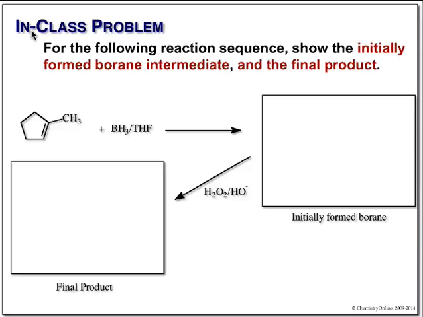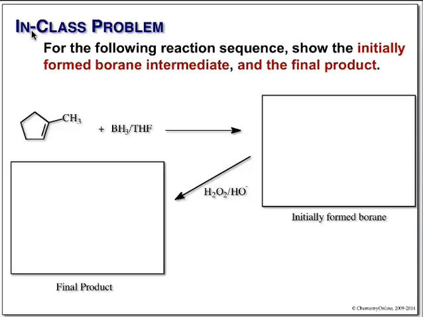Now, our borane intermediate is going to form such that the boron is attached to the anti-Markovnikov carbon. So we look at this. Boron is going to attach to our secondary center, hydrogen from BH3 to the tertiary.